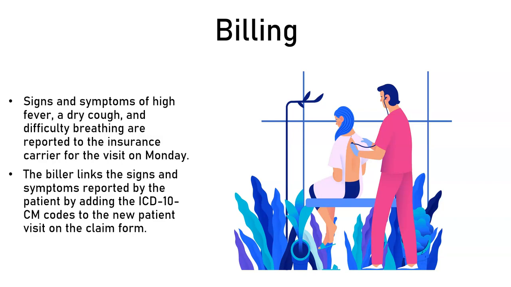The biller links the signs and symptoms reported by the patient by adding the ICD-10-CM codes to the new patient visit EM code on the claim form. The new patient visit code and diagnosis codes are correctly linked and should be paid by the insurance carrier.